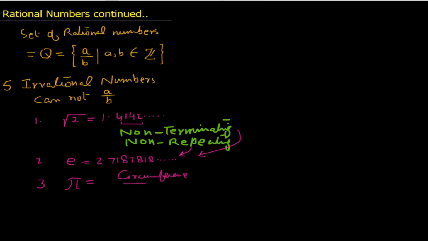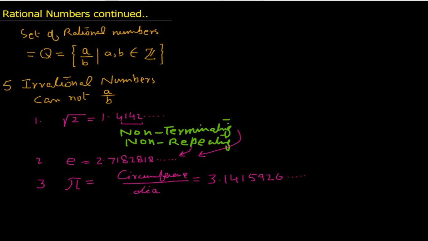So for any circle, if you take the circumference of the circle and divide it by the diameter in the same units, you will get this number, which is never ending.